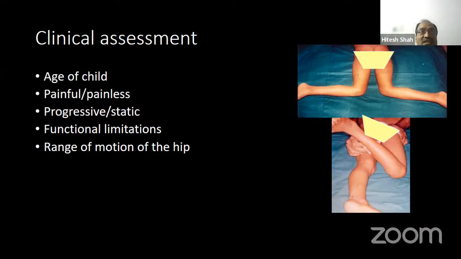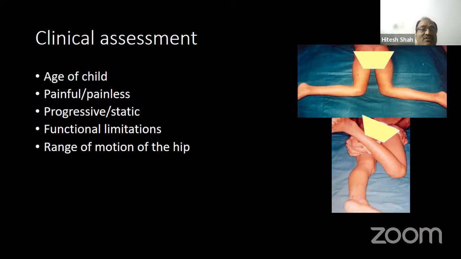Whenever abduction is limited and adduction is more, clinically you can think that this is a case of coxa vara, where the greater trochanter would be higher and Bryant's triangle would be reversed, with shortening, and a limp associated with a positive Trendelenburg test. You must take this as a case of coxa vara.